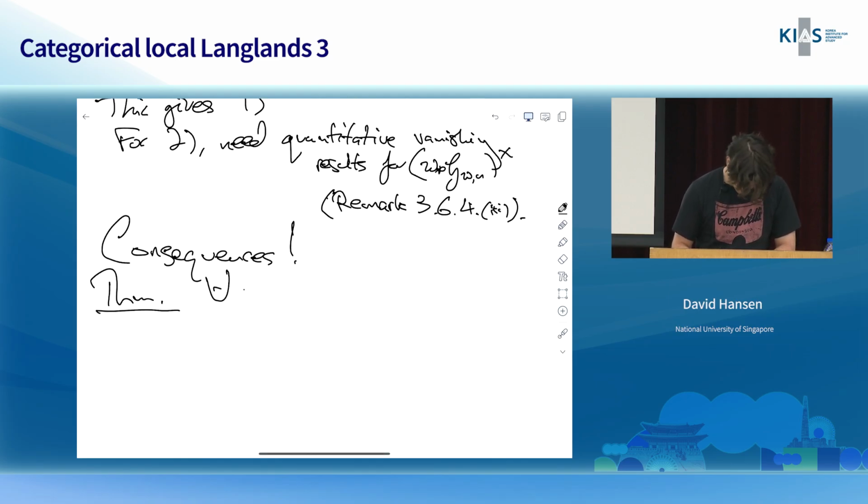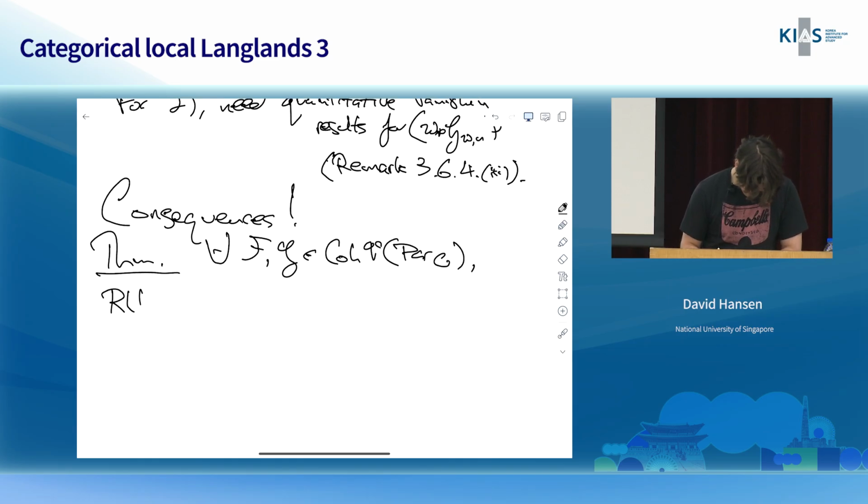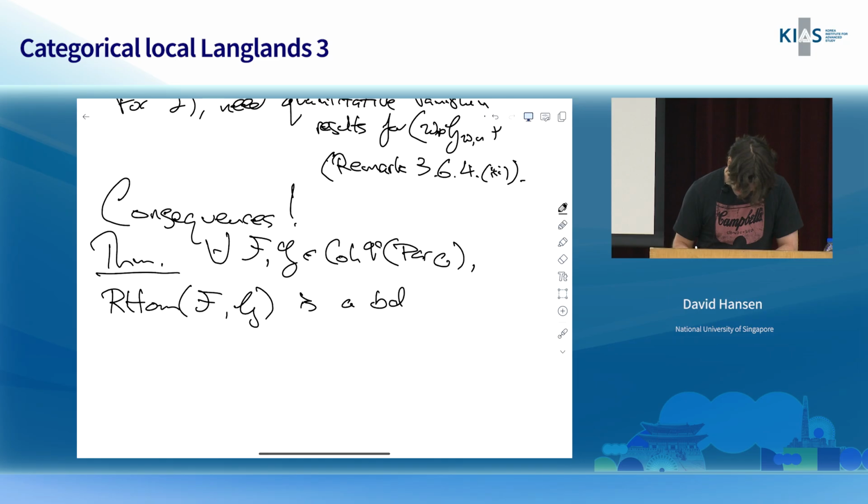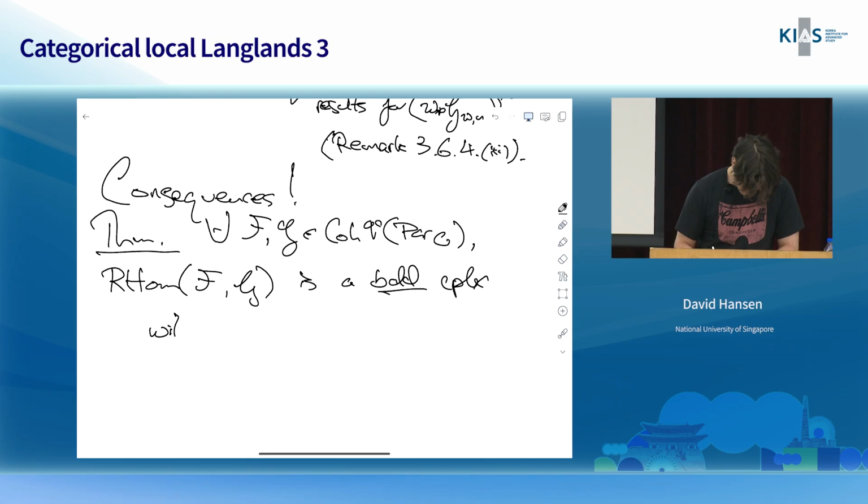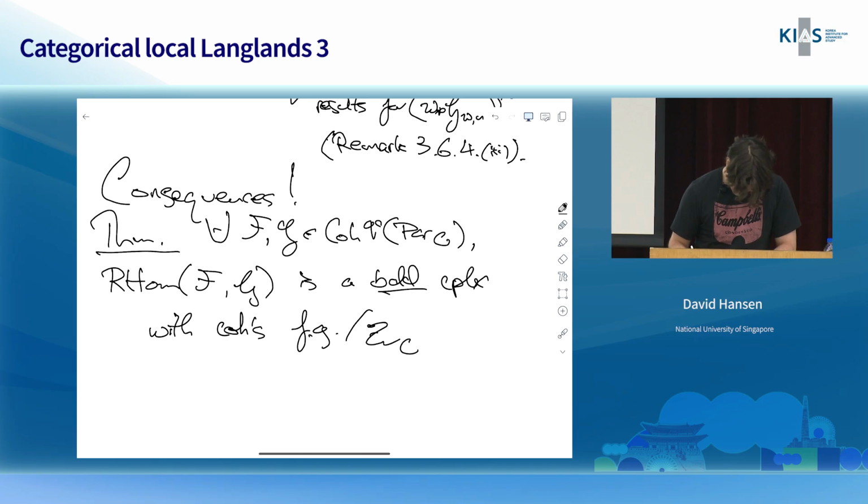For all F and G in co-QC, RHom FG is a bounded complex of cohomologies, finitely generated as modules over the spectral Bernstein center. Okay? And so this we've seen in several different incarnations.